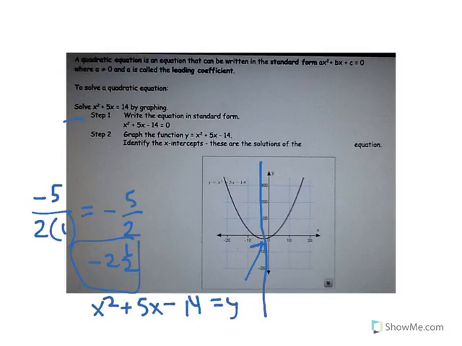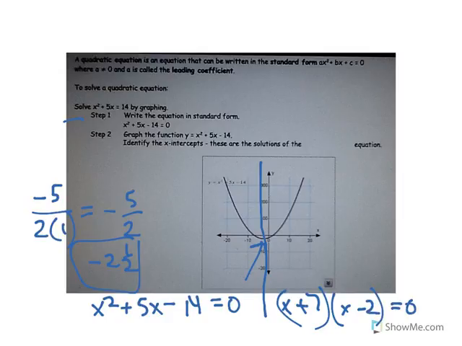If that's equal to y, all I'm doing is I'm solving for roots when y is actually going to be equal to 0. So sort of what we've done before. So now it's just going to be x plus 7 and x minus 2. That's going to be equal to 0.